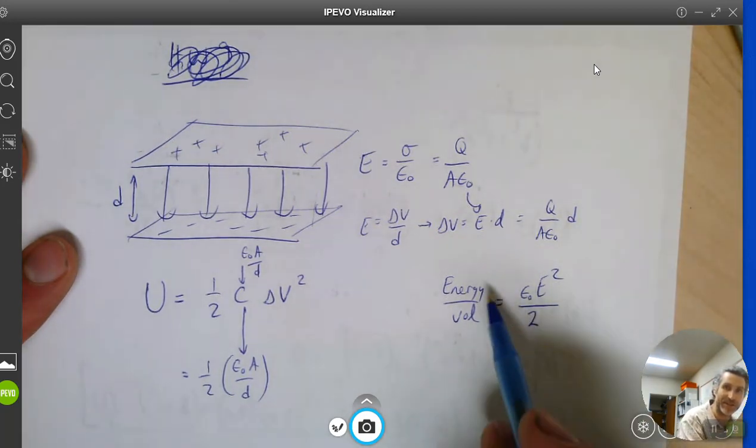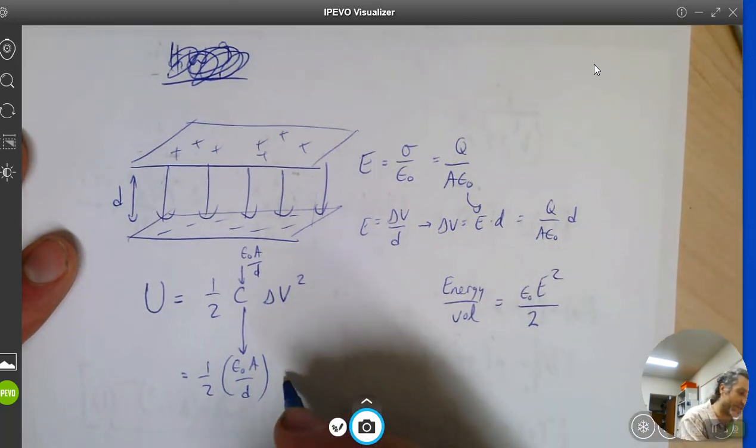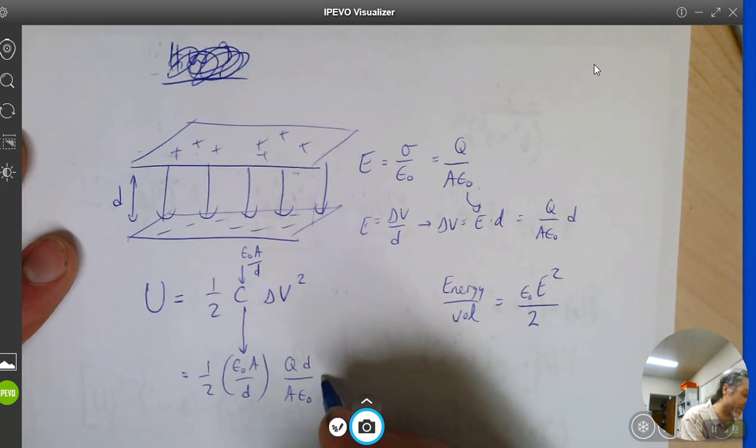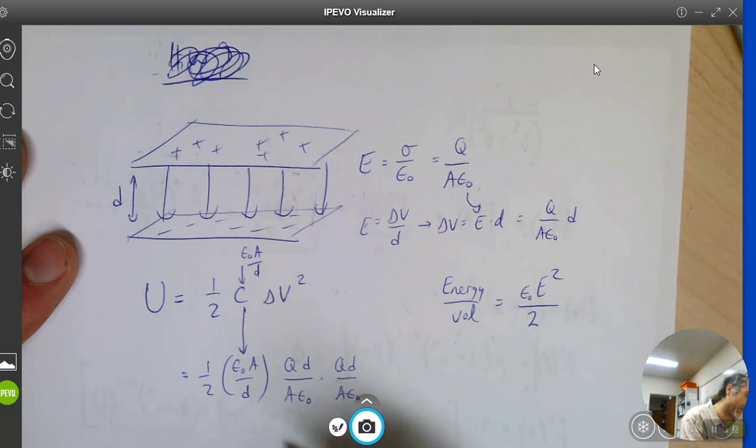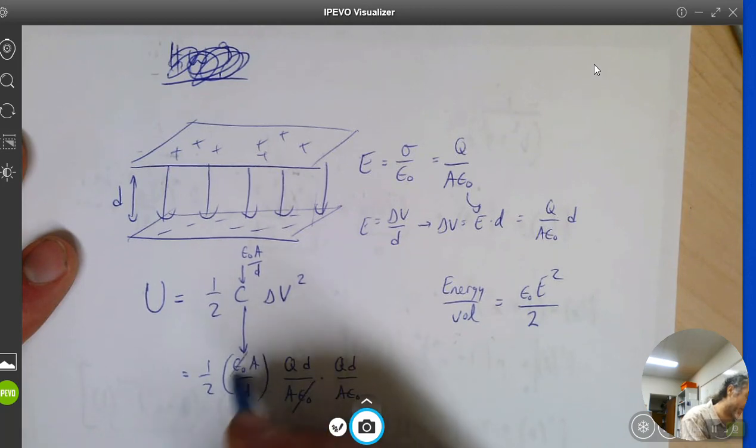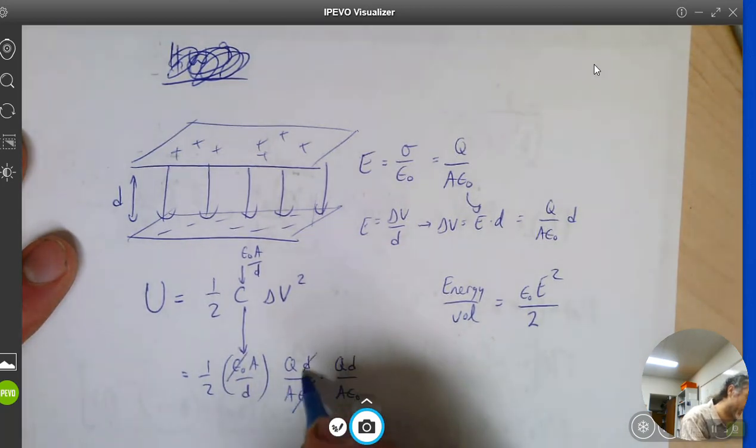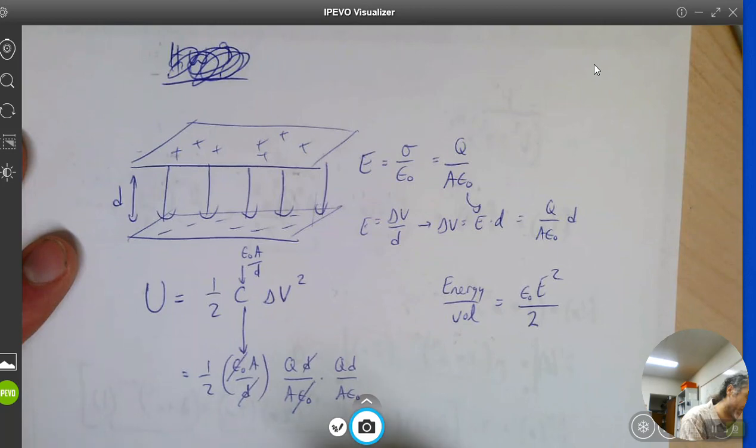You believe me that this is my expression for voltage, and I can rewrite this as QD over A epsilon naught, and it's going to be squared, so I'm going to write it twice, QD over A epsilon naught. And it looks like one epsilon naught cancels here, one of the D's cancels here, and one of the A's cancels with this one here.